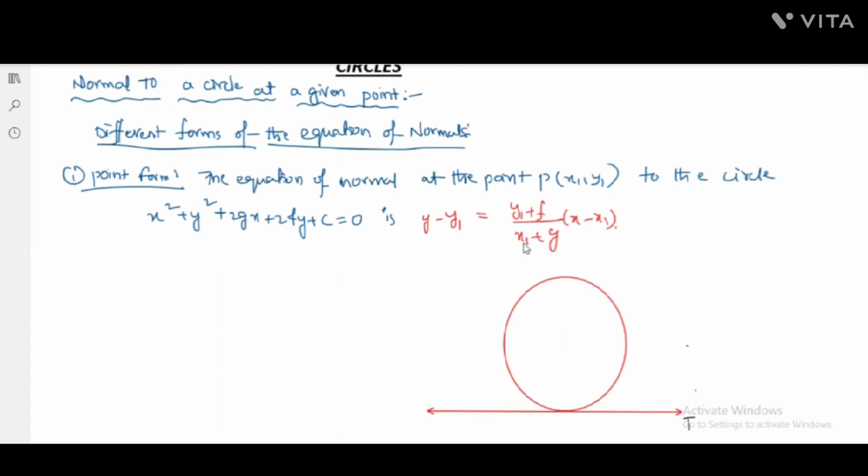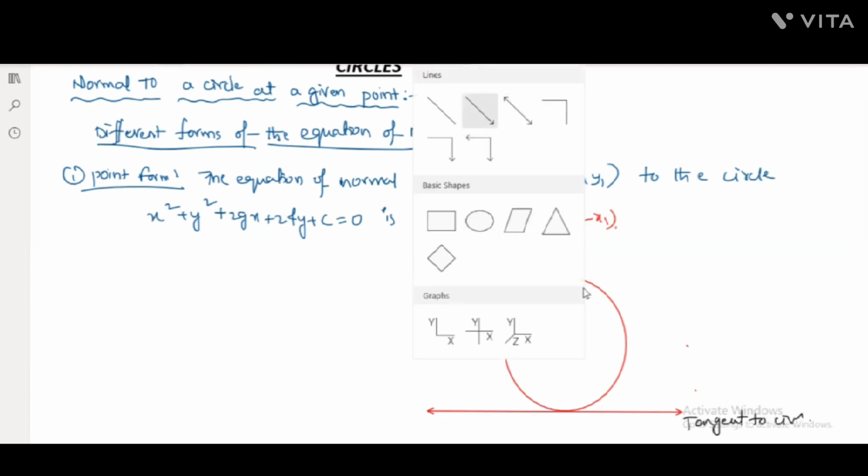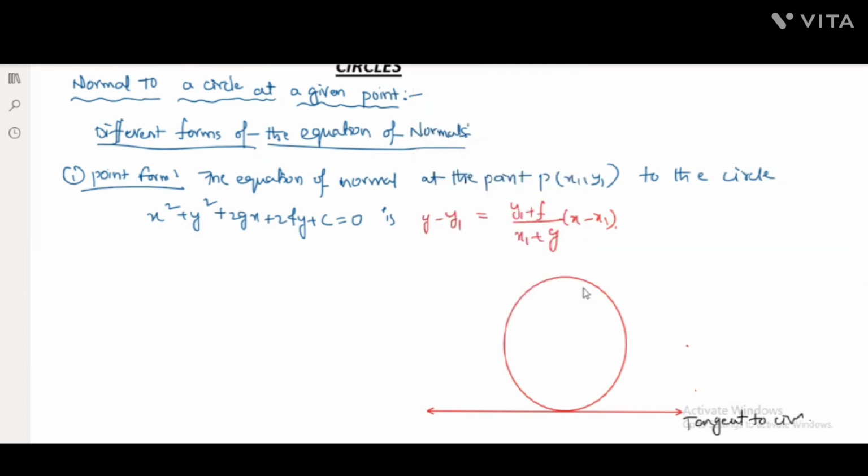The line which is drawn perpendicular to the tangent and passes through the center of the circle is called the normal to the circle. That means normal is perpendicular to the tangent.